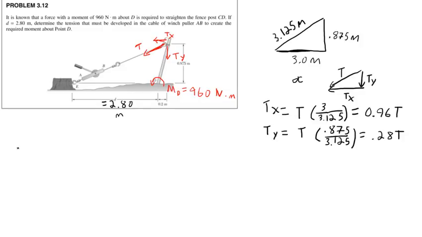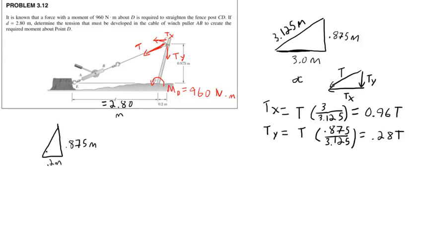Now I can do a balance of moments. So let's look at this triangle here. Again, I'm going to do this using the perpendicular distance method. So this is 0.2 meters. This is 0.875 meters.